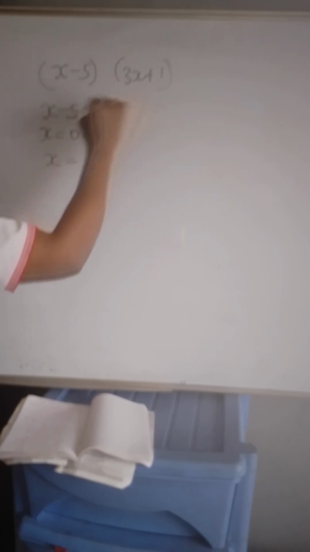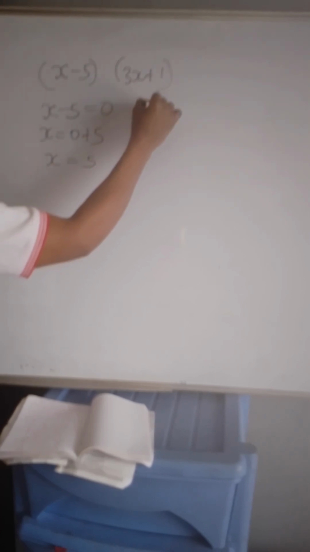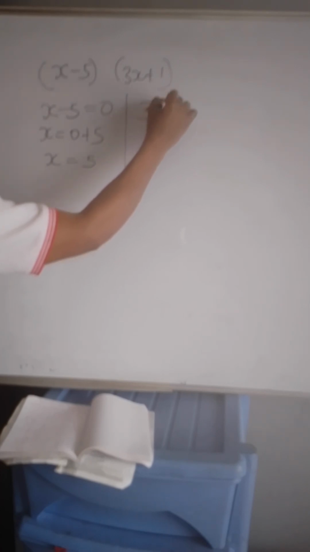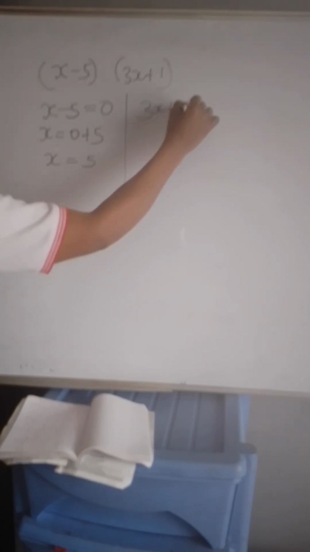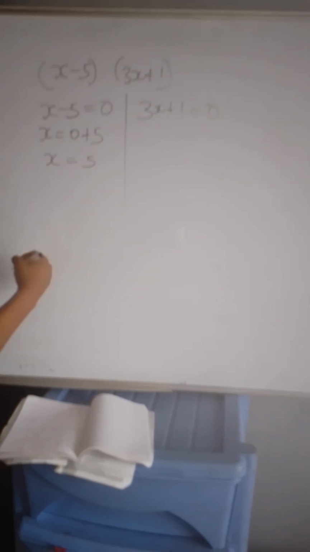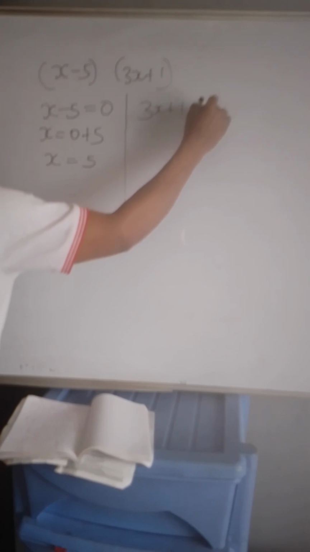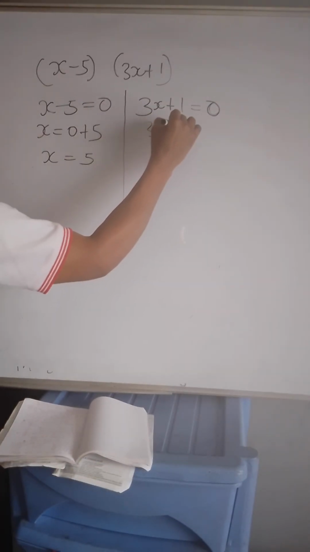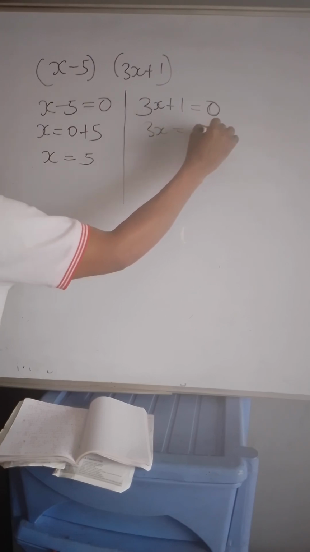You pick the second one. 3x plus 1 equals 0. 3x equals 0 minus 1.